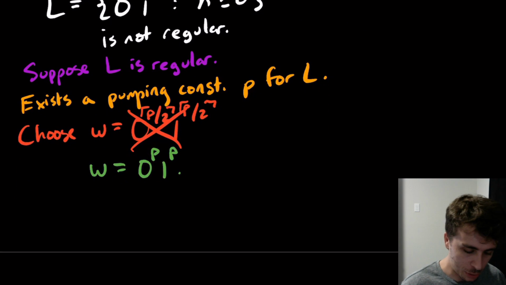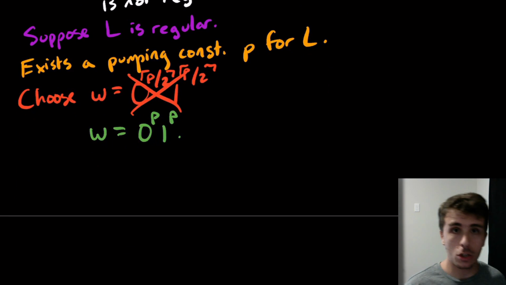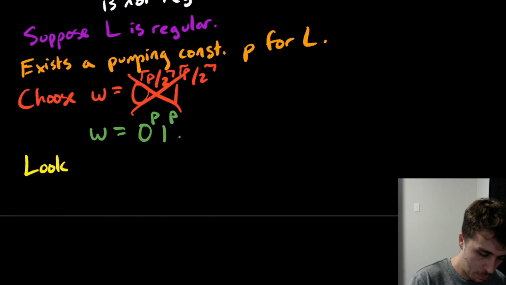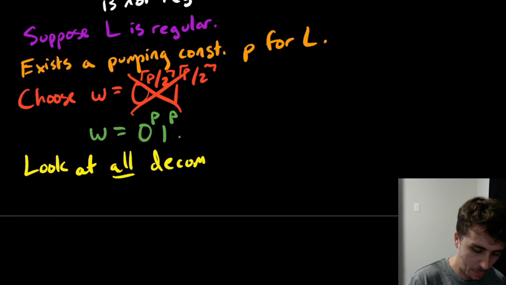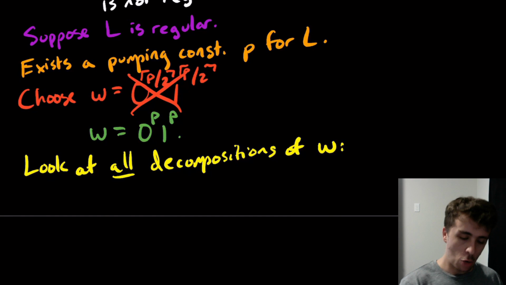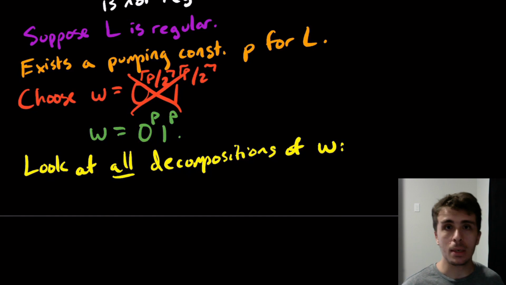So how do we actually do this? Well, we need to look at every single possible decomposition of the original string. So let's look at all decompositions of that string w into those three pieces. Well, we know that the first p characters are zeros, because that's how we designed the string.